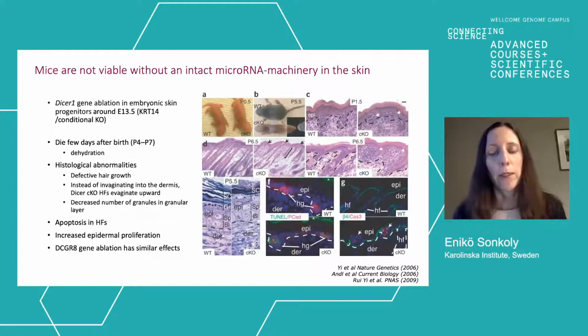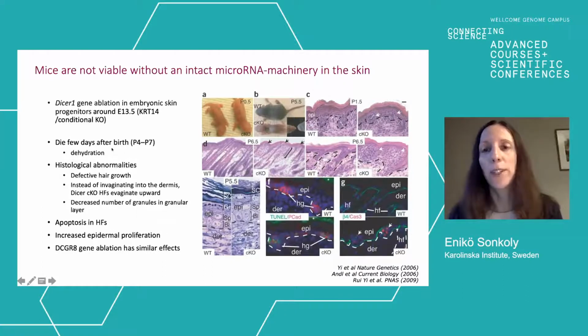And this study was published in 2006 and was performed by the Fuchs group. And what happened to these mice? Well, they also did not make it very far. They died a few days after birth, 4 to 7 days within the first week of life. And that was due to severe dehydration.